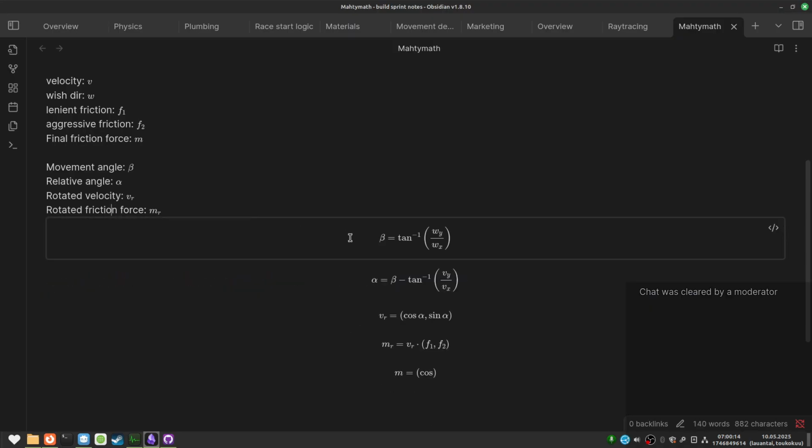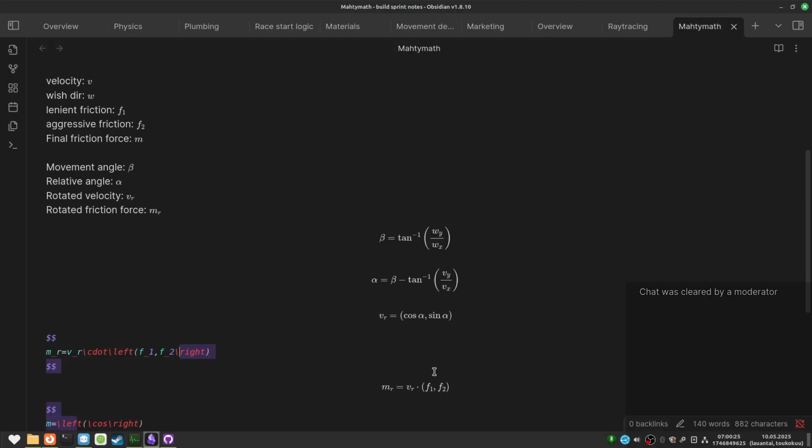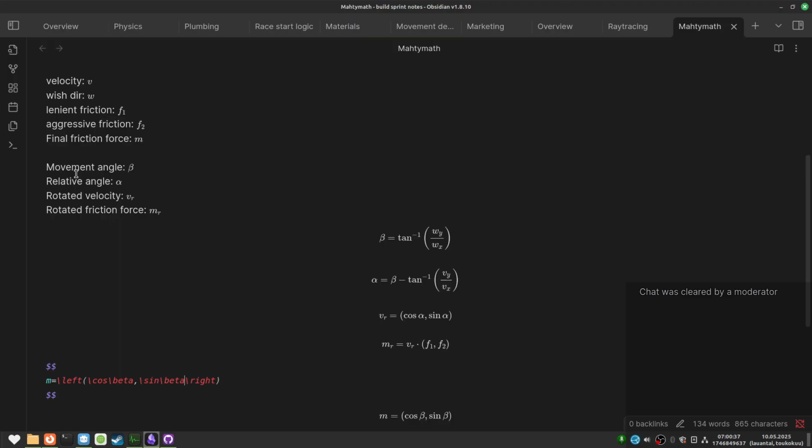Look at this, seems correct. Hmm. The thing is, this wish direction should be a normalized vector.